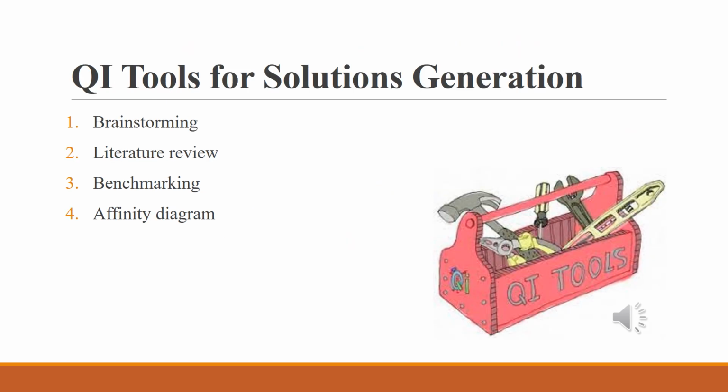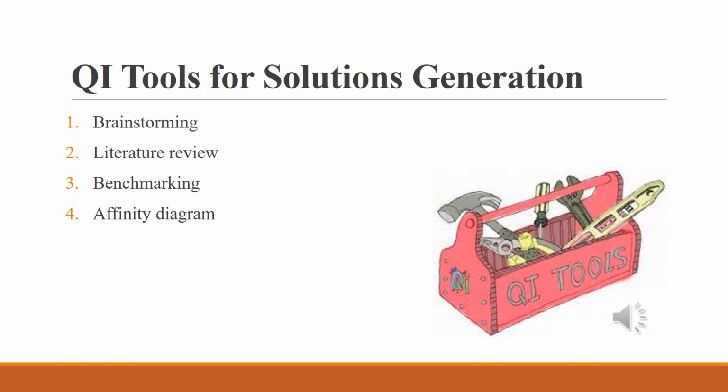There are several QI tools that you can use at this stage to generate solutions. One of them is brainstorming, the other one is literature review, the third one is called benchmarking. That is a technique that we use to look at other hospitals' practices, and if we find that a practice is very useful and we are not doing it at the moment, we can borrow the idea and use it as a comparison.